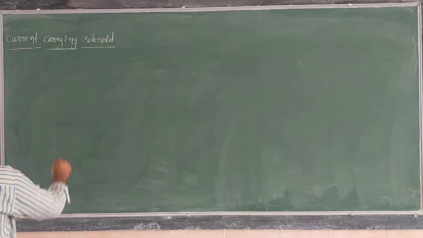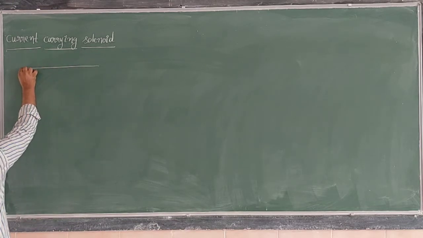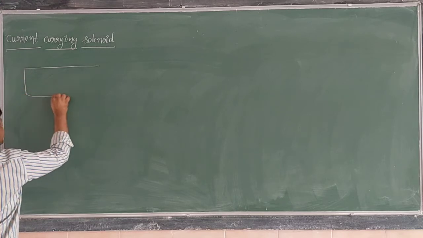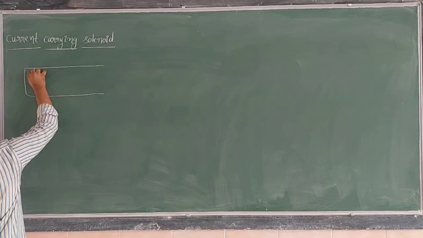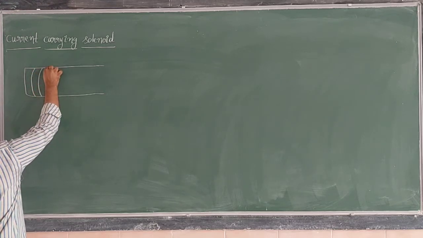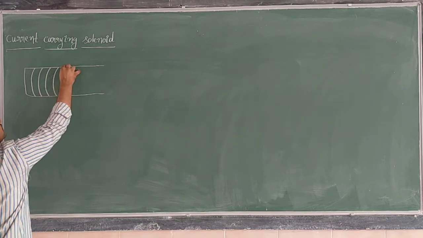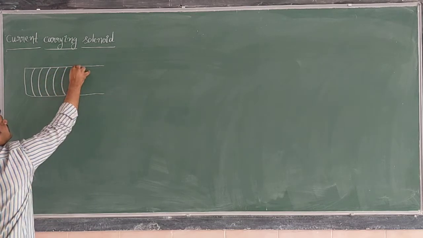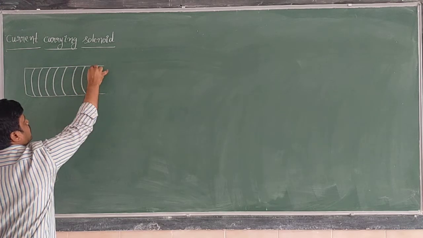For example, on this insulating material, if n number of turns of copper winding is wound like this, this arrangement is said to be a solenoid. Is it clear? Okay, fine.